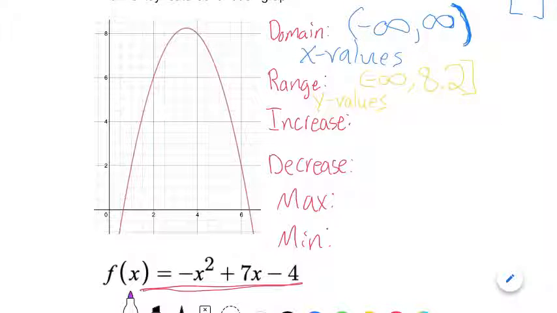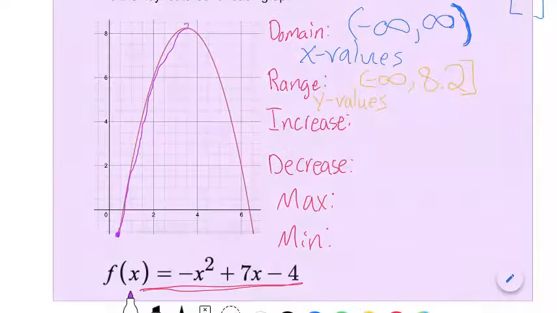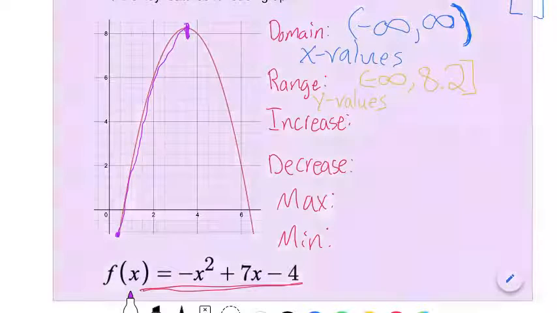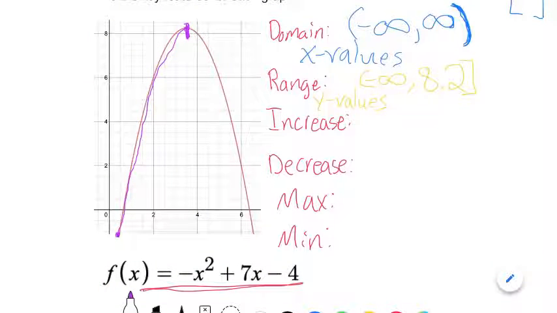So now we're talking about increase, or where the y values are increasing. Starting over here, left to right, going up, so we're increasing, but right at this line, we're going to change directions.